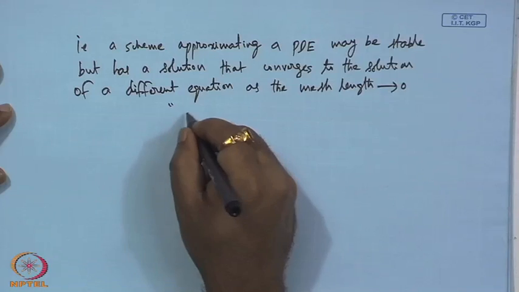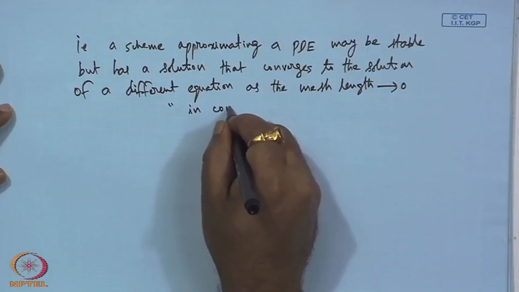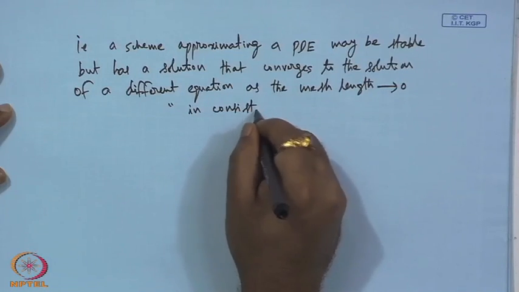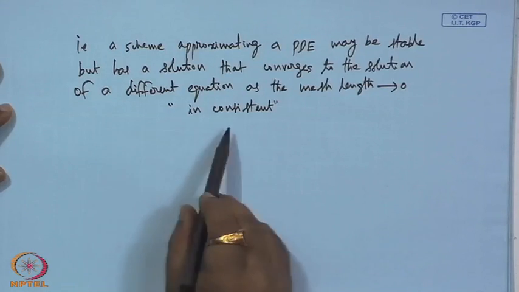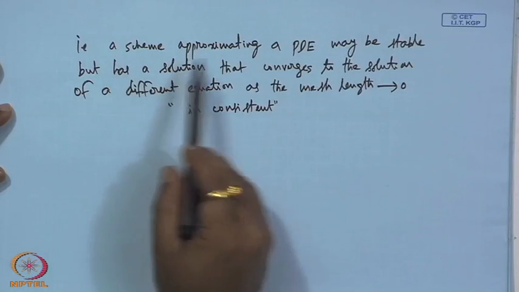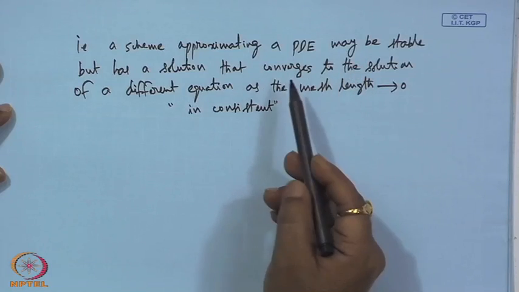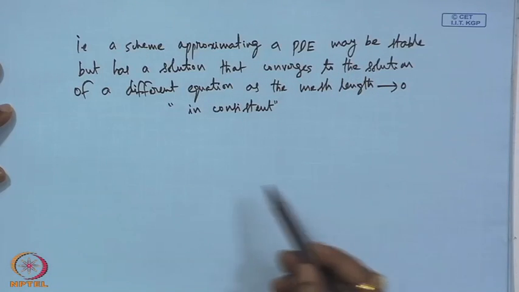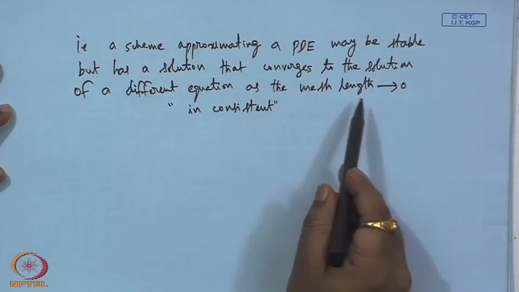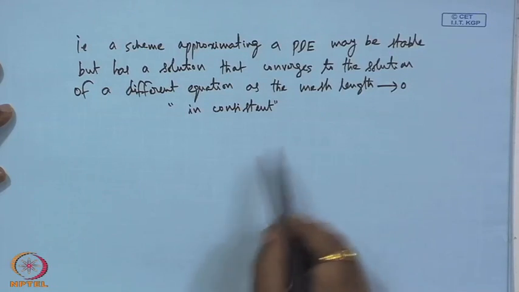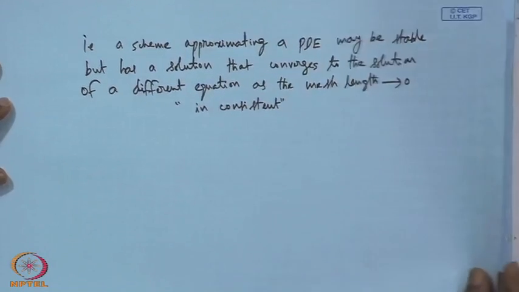So, this is inconsistent. That means a scheme approximating a PDE may be stable, but the solution converges to some other PDE as the mesh length goes to 0. So, this is inconsistency. Let us consider an example.